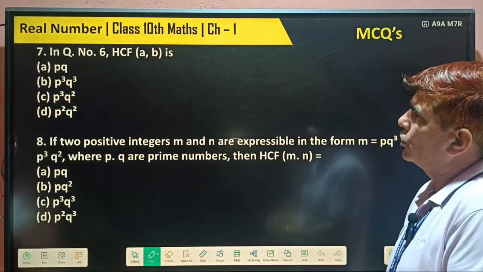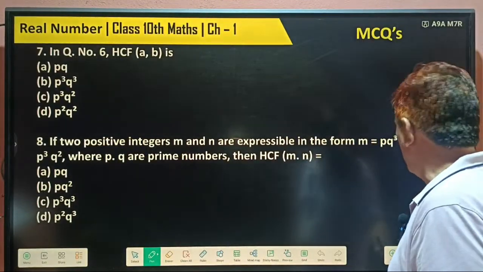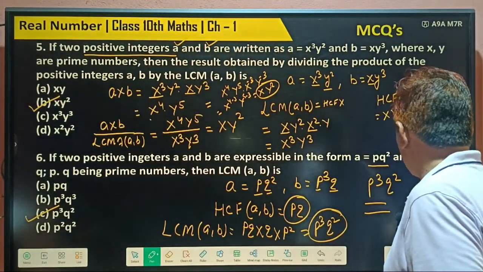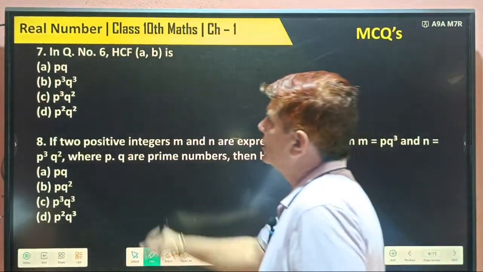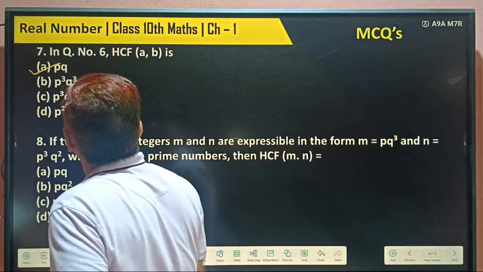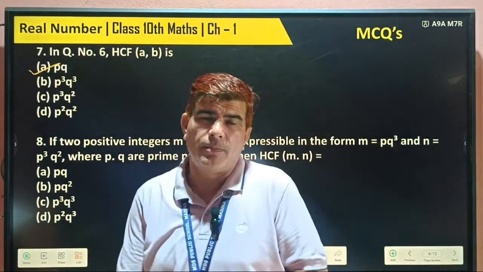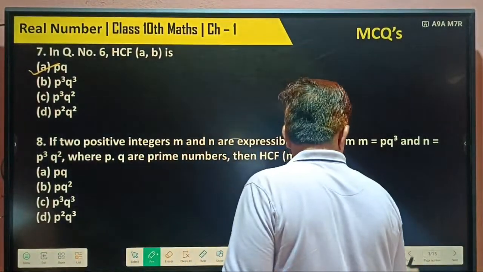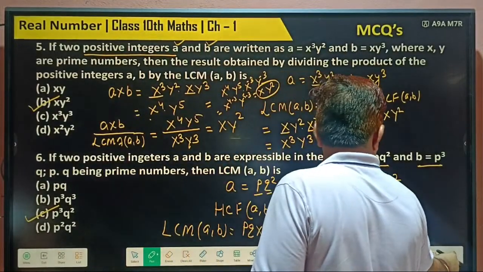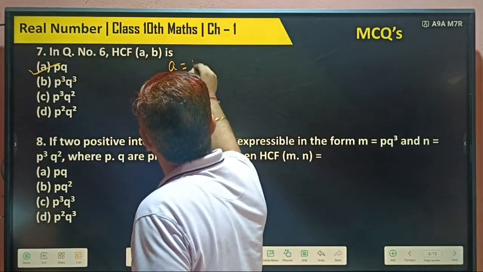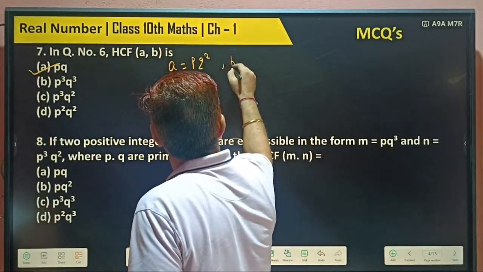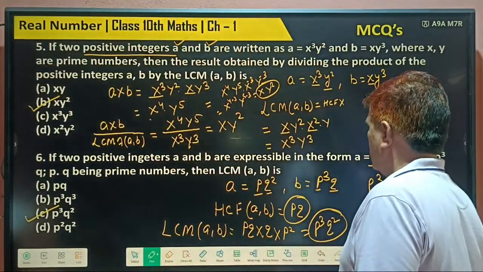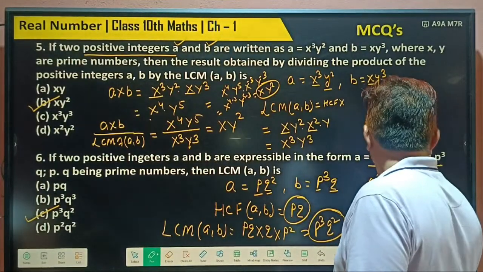Look one time at question number 6: the HCF of A and B. What's the HCF? Already you know, it is p q. So which one is your answer? This. In HCF, take the minimum power; in LCM, the maximum power. Look, here A equals p q square and B equals p cube q.